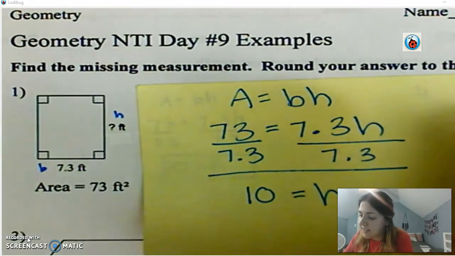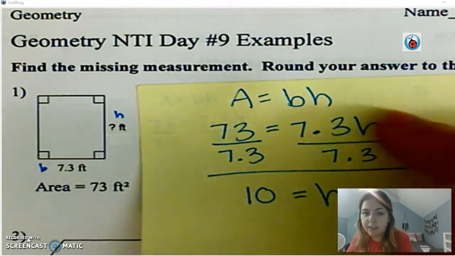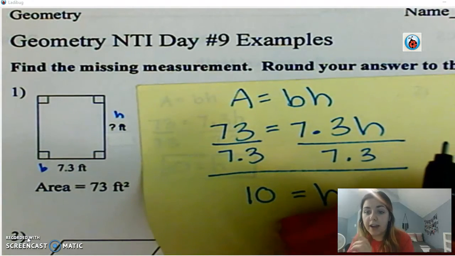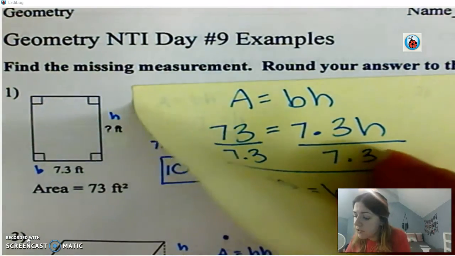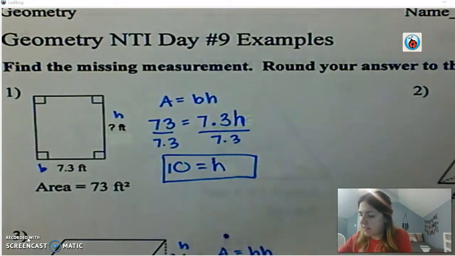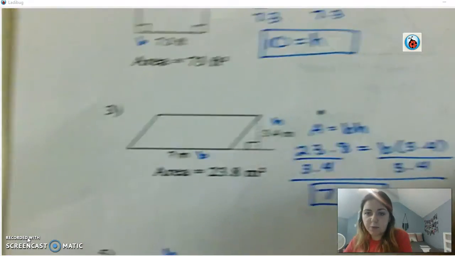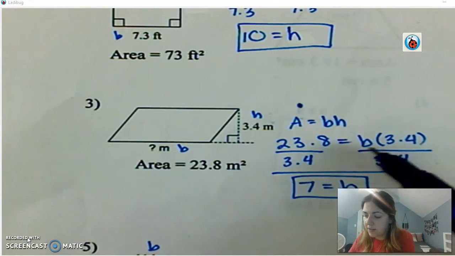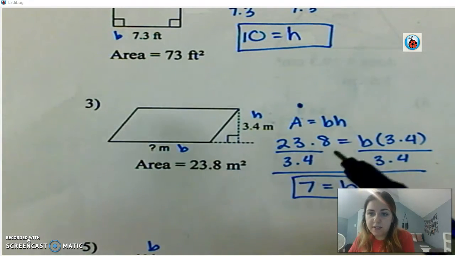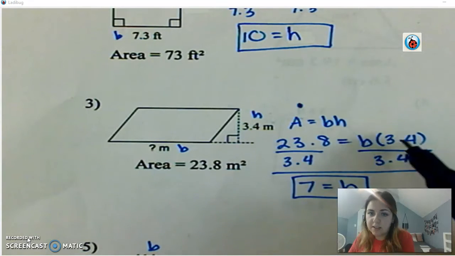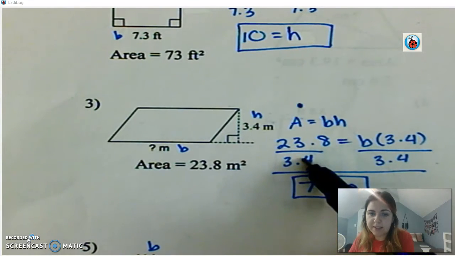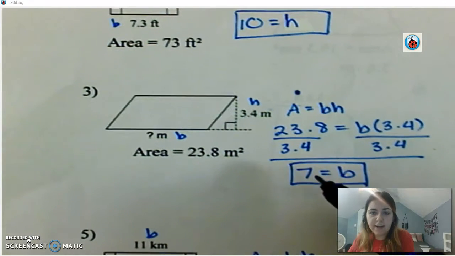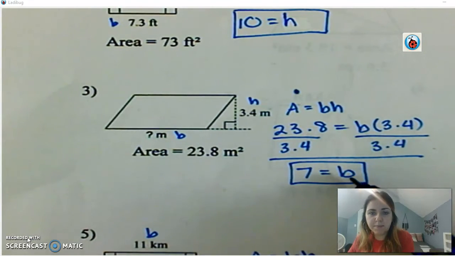So you would type in 10 in the Google form if this was one of your questions. And the nice thing is that formula is the same formula for a parallelogram and a square. If we look down at example number 3, I did the same thing. This time I was looking for the base, so I had the base times 3.4, which was my height, divided by 3.4 on both sides, and you get 7 as the value of the base.